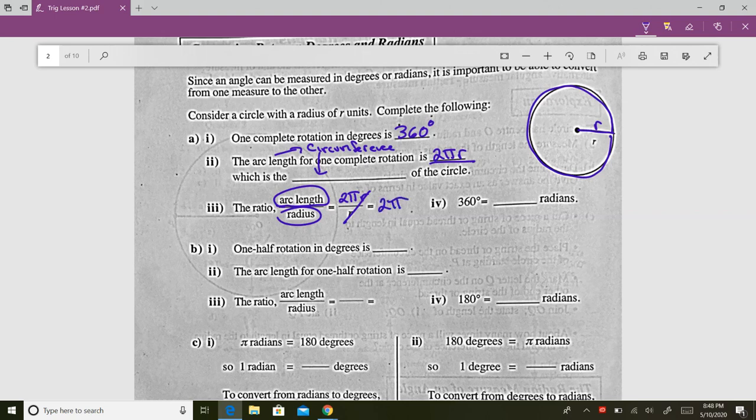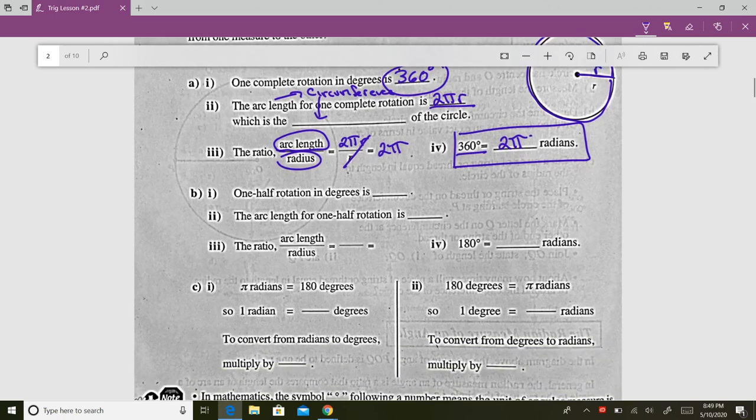If we have one complete rotation, it's 360 degrees, and 360 degrees is equal to 2 pi radians. This is the beginning of measuring stuff in radians, or the shorthand, as people would just say, rads. You need to remember that 360 degrees is 2 pi.